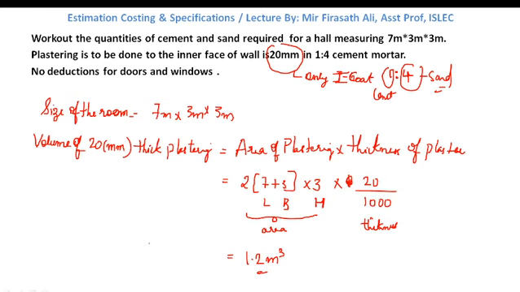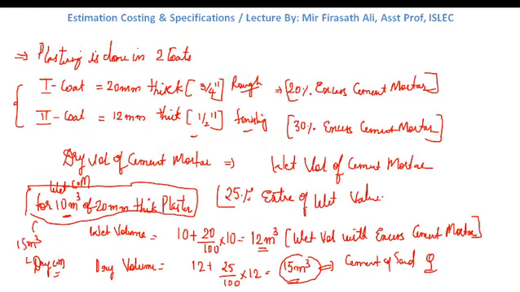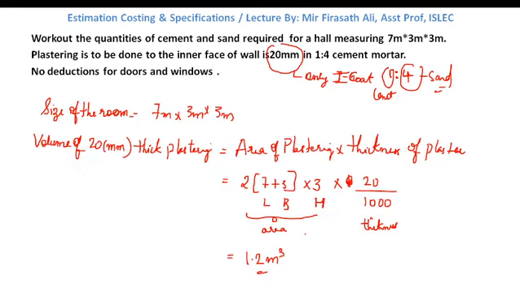So to this value, as we have seen in the previous slide, how much extra do we need to take? We need to take 20% excess.